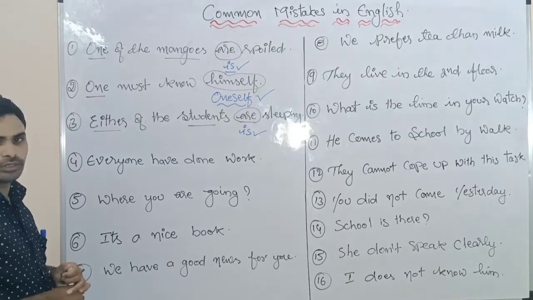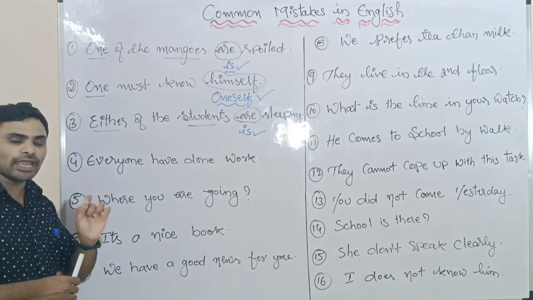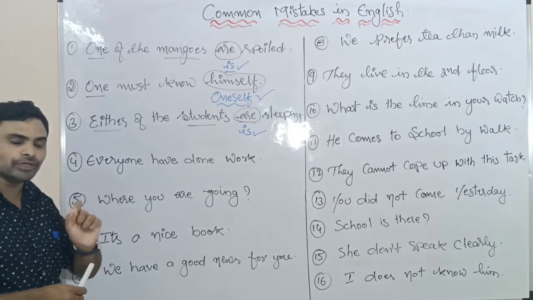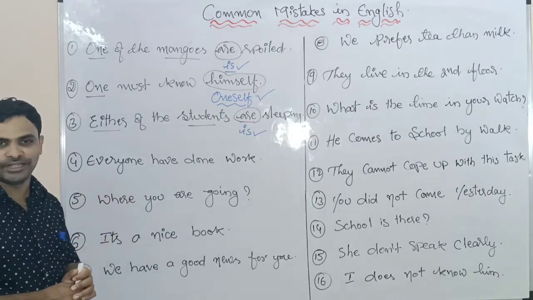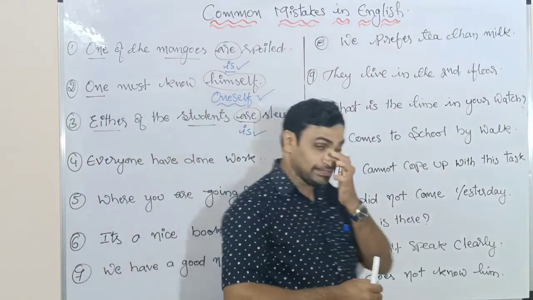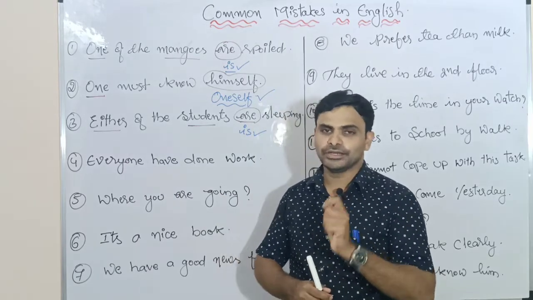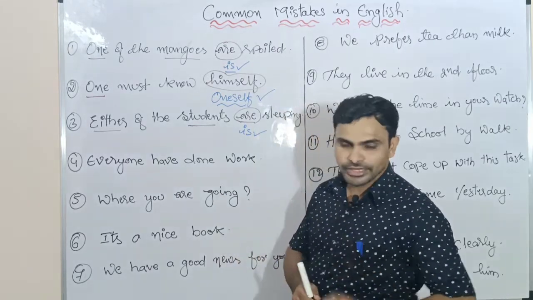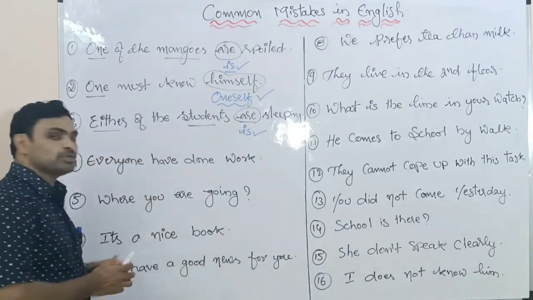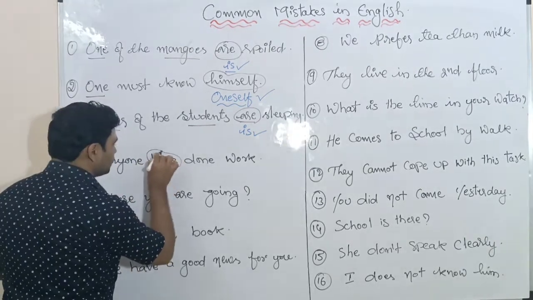Everyone have done work. Remember, whenever we use the words each, every, either, neither, everyone, we always refer to one person only, particularly, specifically, and clearly. So never with either, never with neither, never with each, never with every, the verb should be plural; it should always be singular.